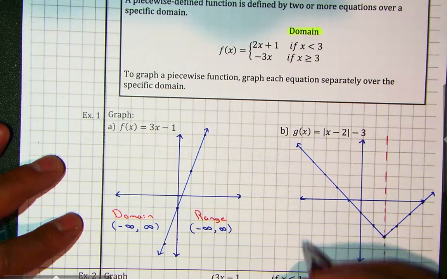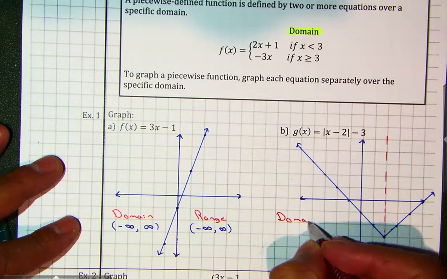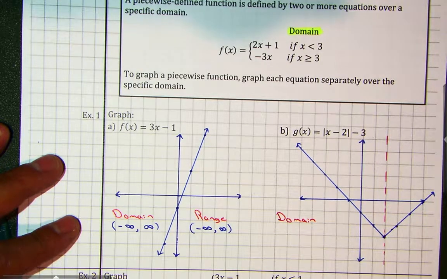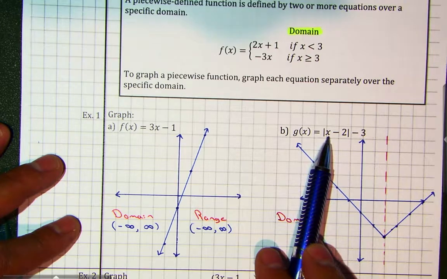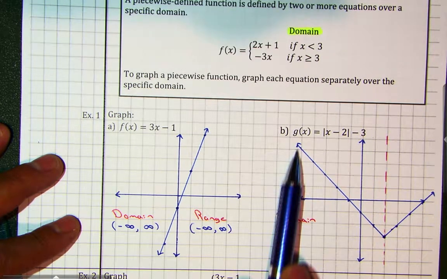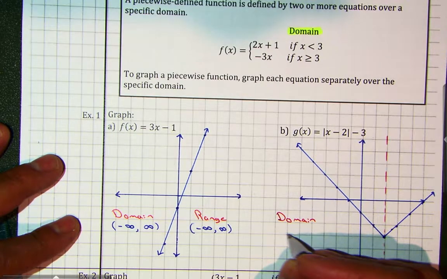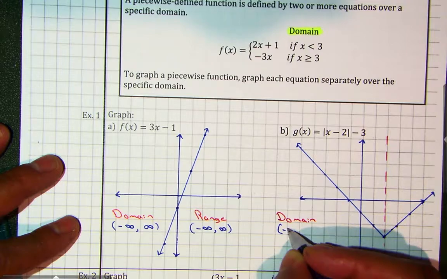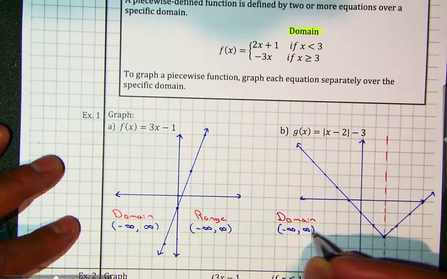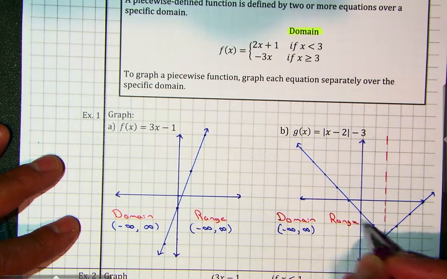I need to find my domain and range. So my domain, what values can I plug in for x? I can plug in any number. So I get a graph if I plug in -5, 0, all the way to positive infinity. And my range, what values do I get back for y?